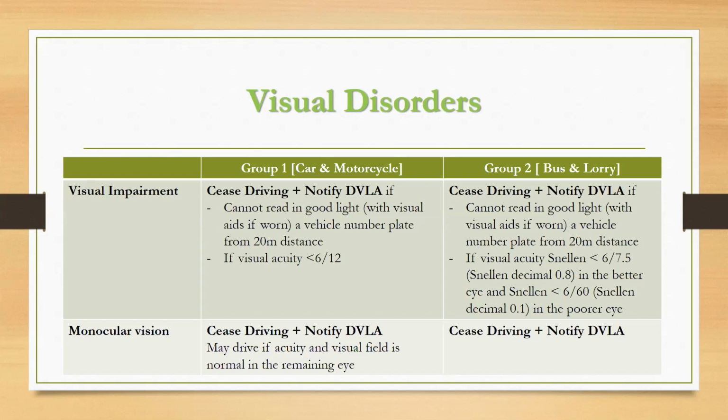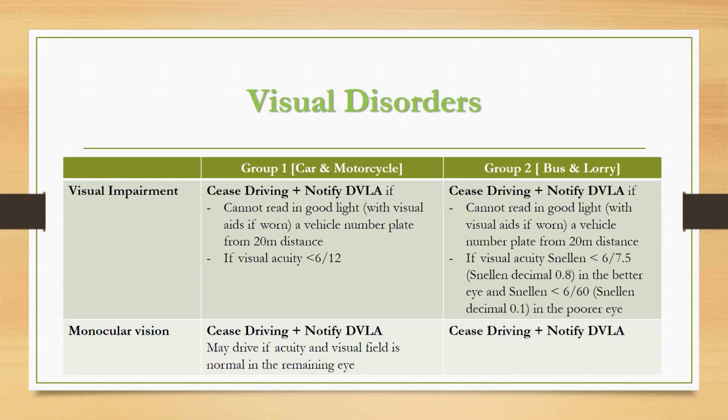So starting with visual impairment, for Group 1, you should stop driving and notify DVLA if you cannot read a vehicle number plate in good light from 20 meters, or if your visual acuity is less than 6/12. For Group 2, you should stop driving and notify DVLA, the same as Group 1, if you cannot read a vehicle number plate in good light from 20 meters.